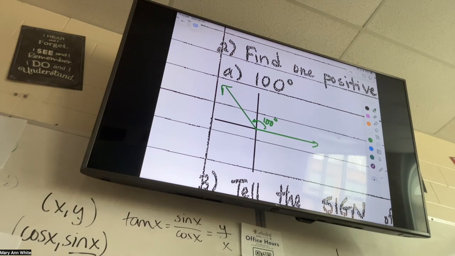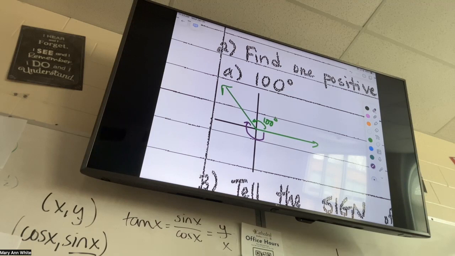Right now, though, we are going to go backwards. If I go backwards, though, I'm going to be going in the negative direction. So I'm going a negative amount of degrees to get to that 100. How many degrees am I going? 260.